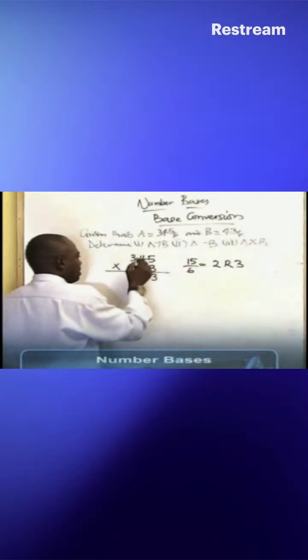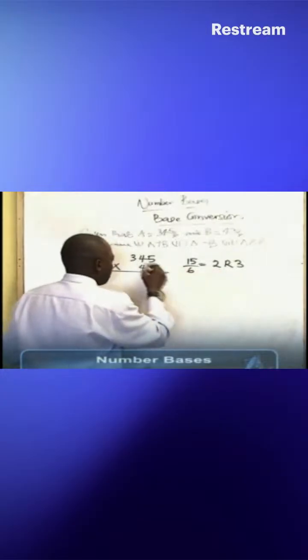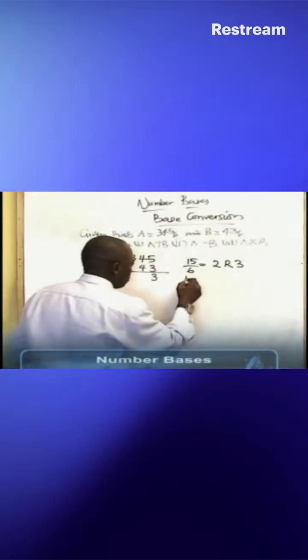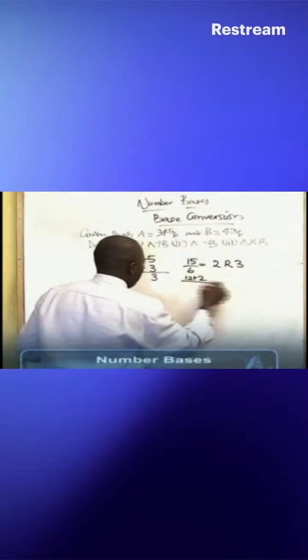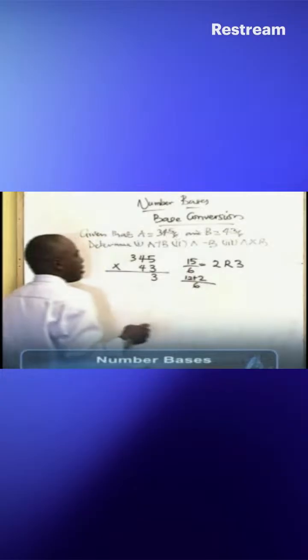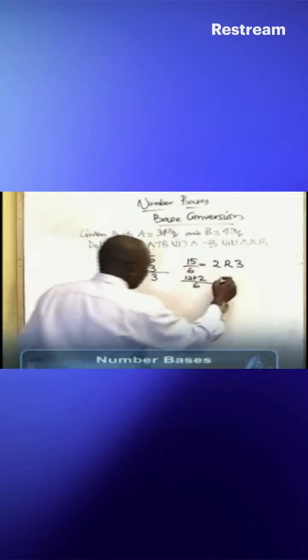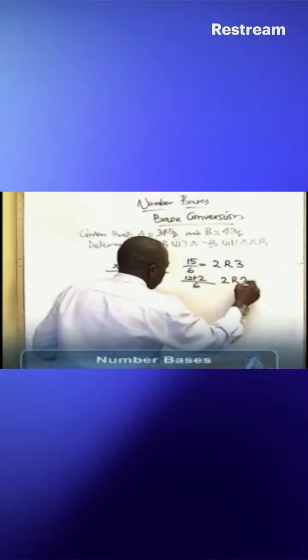Again, you say 3 times 4, you get 12, plus these 2 will give you 14. Again, you divide it by 6. So 6 in 14 will give you 2, and you will remain 2.